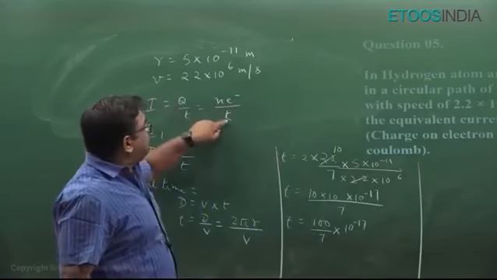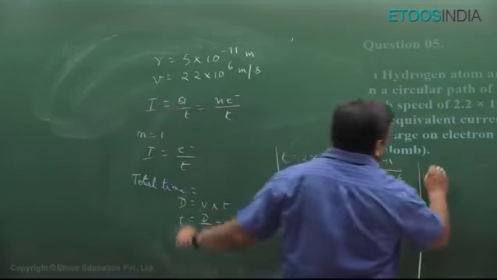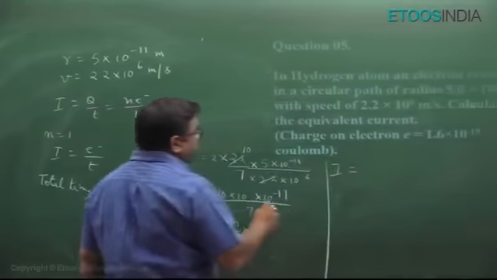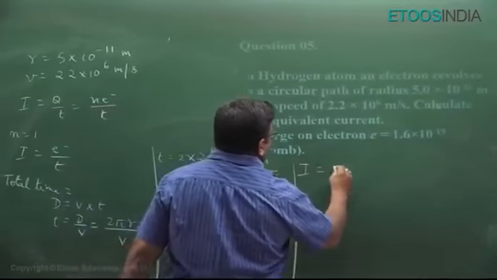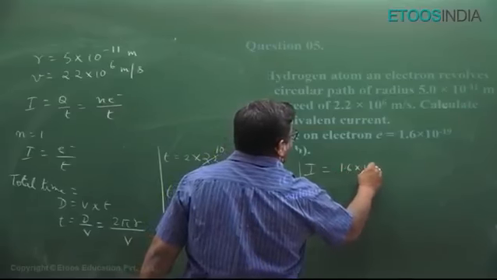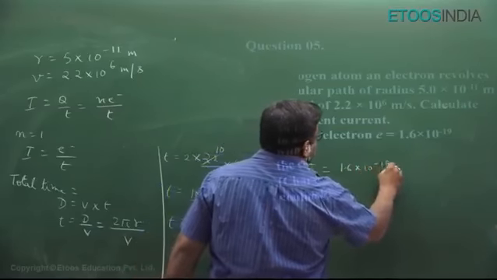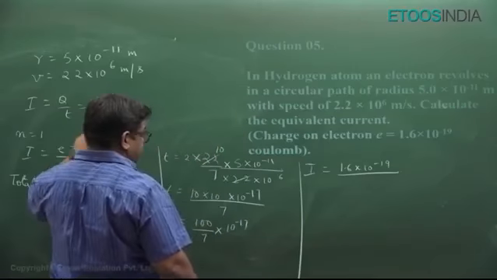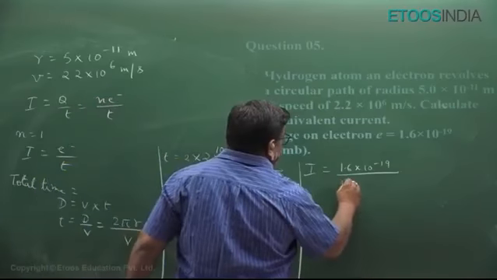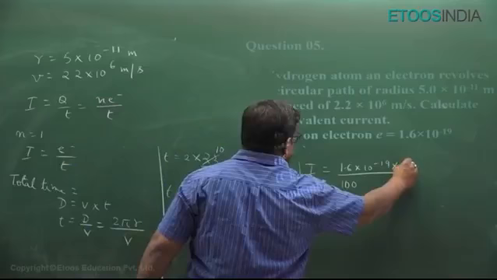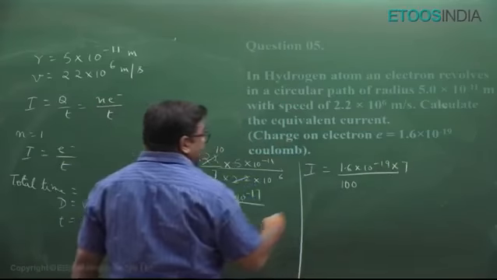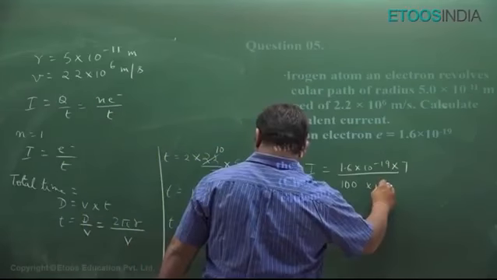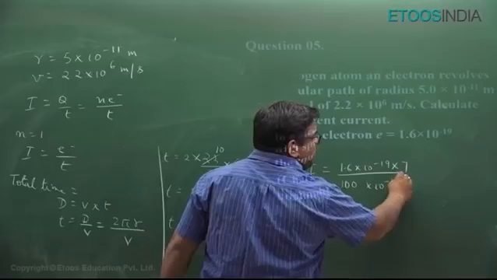Now for solving, we have this value of T over here. Now we'll put this value here. So the equivalent current will be the charge of one electron, 1.6 into 10 to the power minus 19, upon, what is the value of T? It's 100 upon 7 into 10 to the power minus 17.